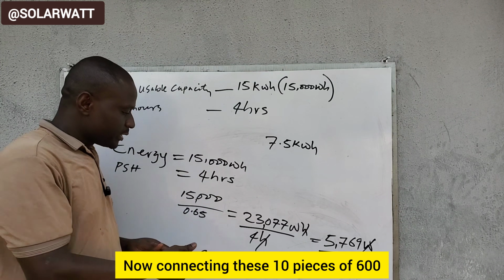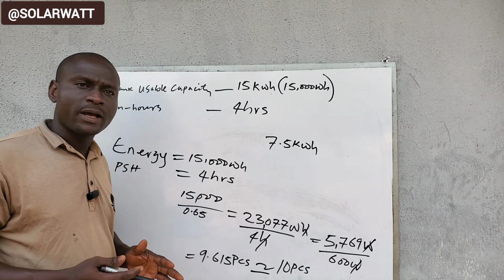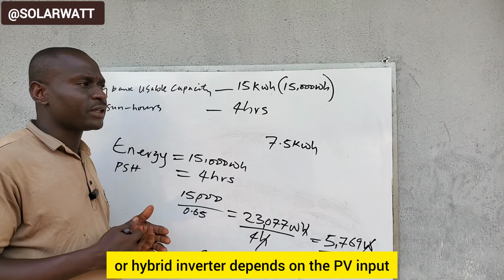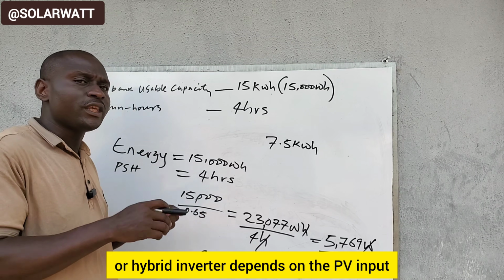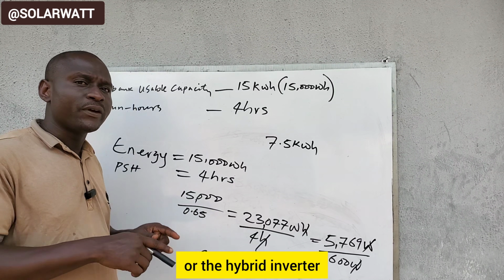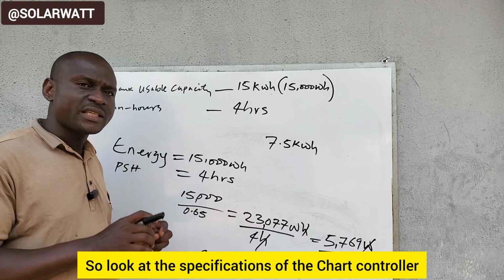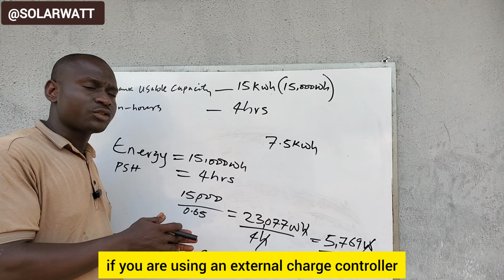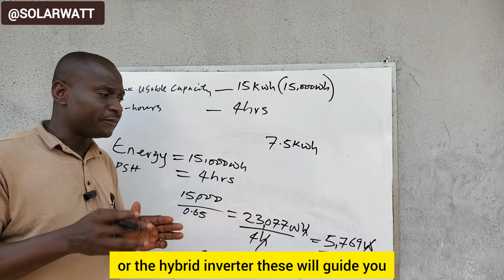Now, connecting these 10 pieces of 600-watt solar panels to your charge controller or hybrid inverter depends on the PV input requirements of the charge controller or the hybrid inverter. So look at the specifications of the charge controller if you are using an external charge controller, or the hybrid inverter.